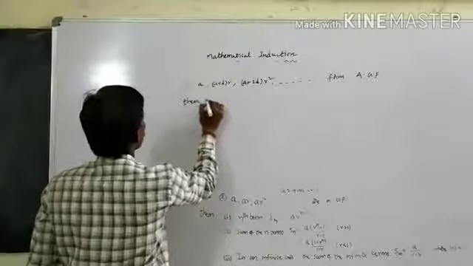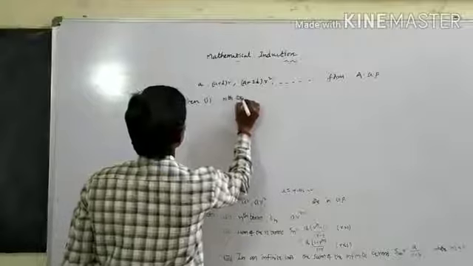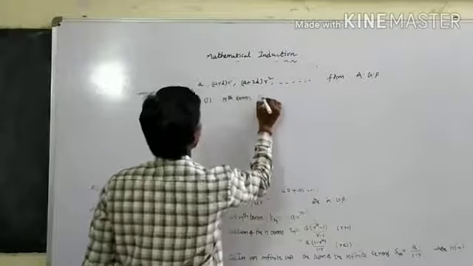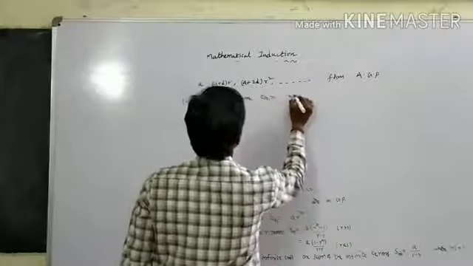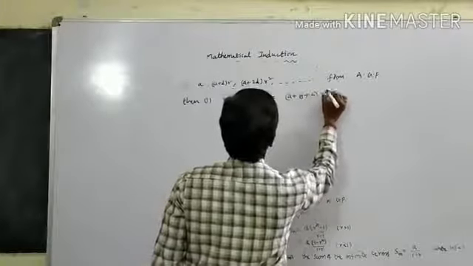Then the first one, the nth term, Tn equals (a plus (n minus 1) d) r power n minus 1.